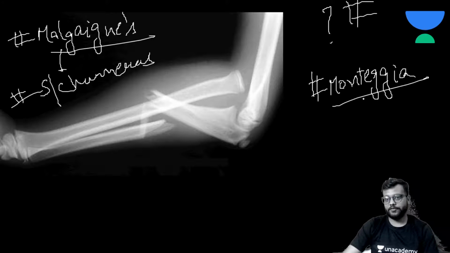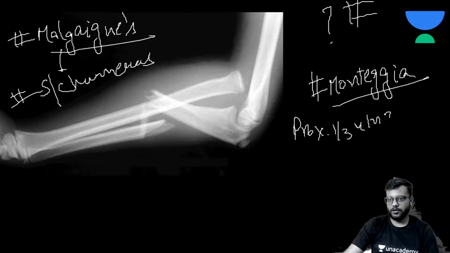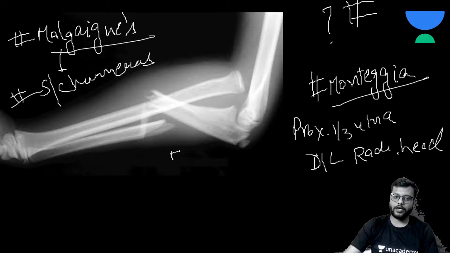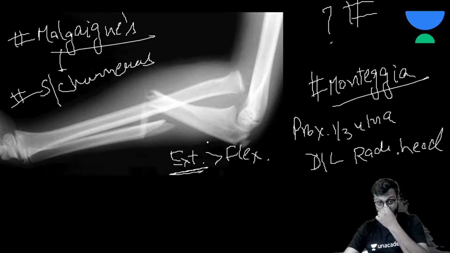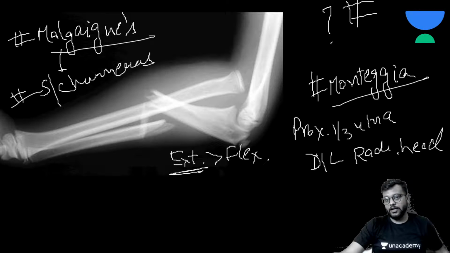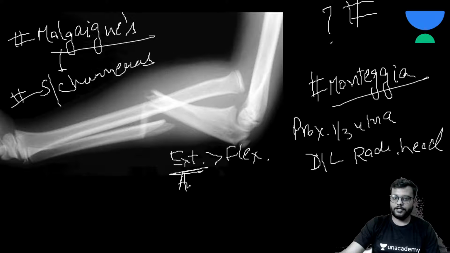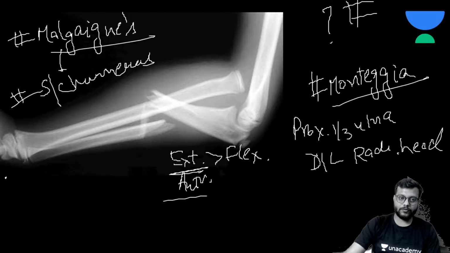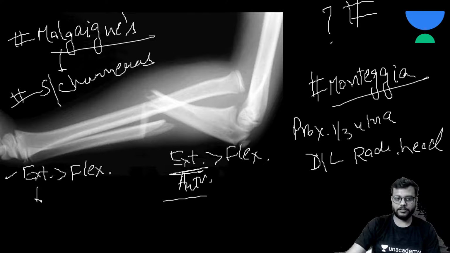Okay, and Monteggia fracture is fracture of proximal 1/3 ulna with dislocation of radius head, and it is of two types, extension and flexion. Extension is commoner than flexion, in which this angulation as well as this dislocation will be anterior. Okay, and supracondylar humerus fracture is also of two types, extension and flexion, and extension is commoner, and in extension the displacement will be posteriorly.